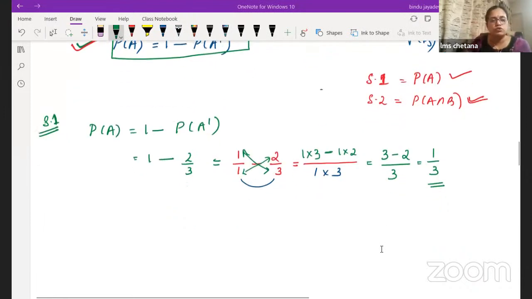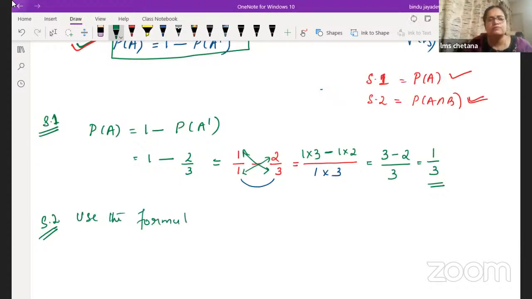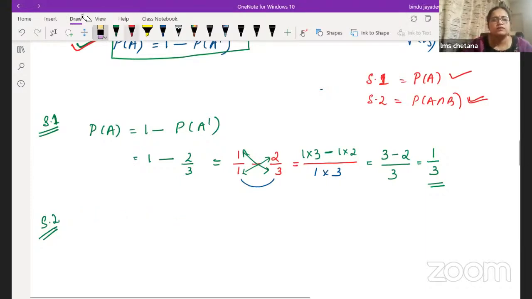Now we are going to use the formula, step number 2. What is step number 2? Use the formula. By the formula, that is a better option.